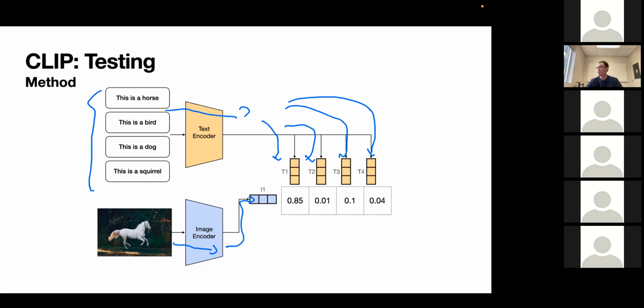We multiply I1 with T1, T2, T3, and T4 to get 4 scores, which represent the probability of pairing the image and the text. In this case, the image is obviously a horse, so the first one should be high probability, and those 3 are very low probability. This is the basic training and testing procedure.